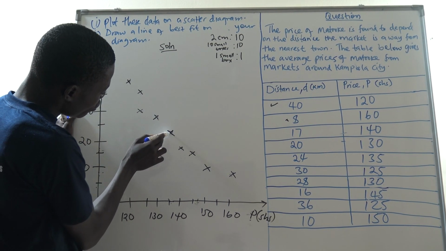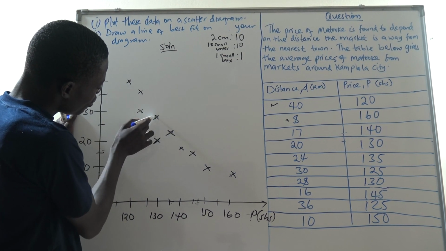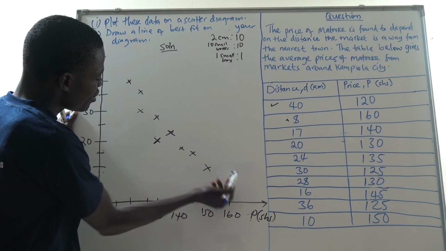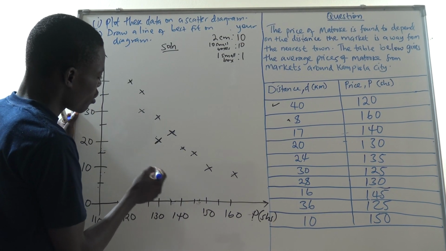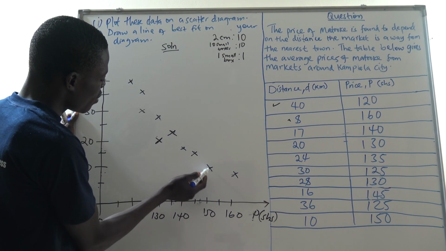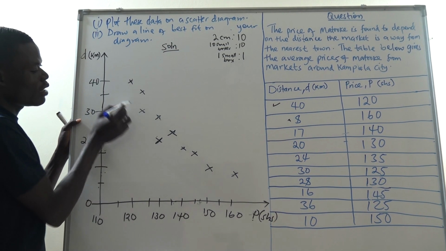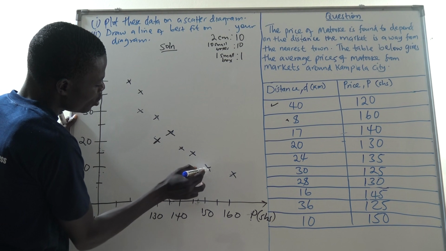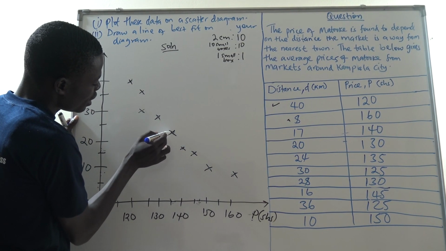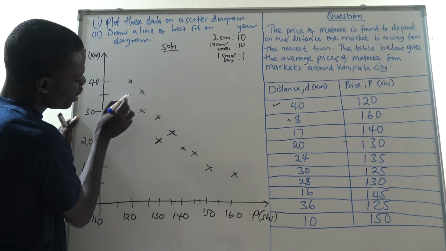This and this can go through these points and this one, but if you draw your line through this one, it will give you only 2 on one side, and the other side you remain with 5, which is not correct. Go ahead and estimate which one. Let us try 1, 2, 3, 4. Yes, 1, 2, 3, 4. This one can be joined. 1, 2, 3. This one is out of range. 4. Then they become many.